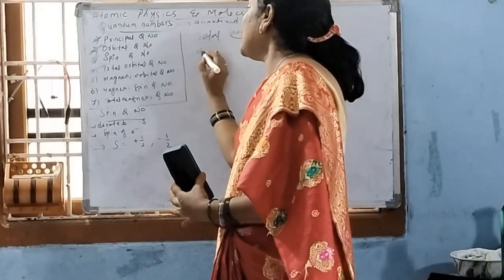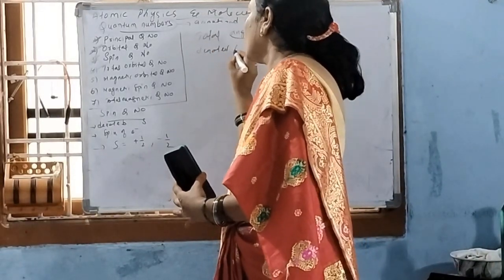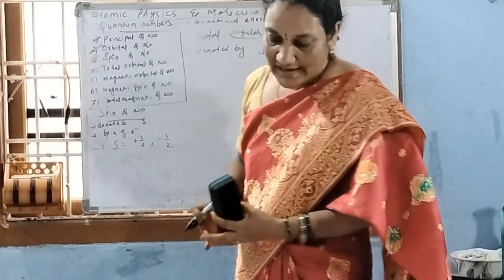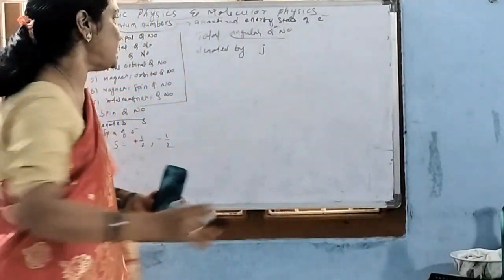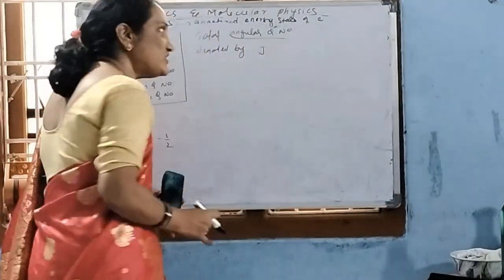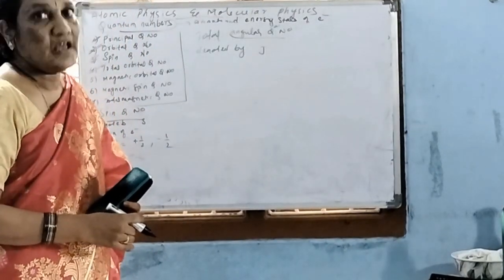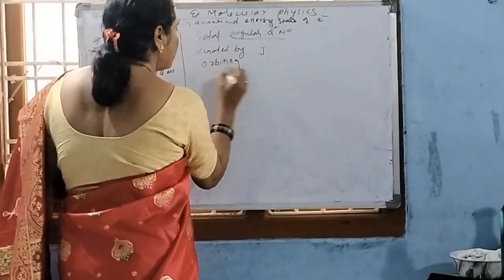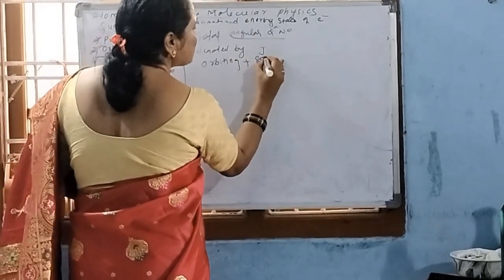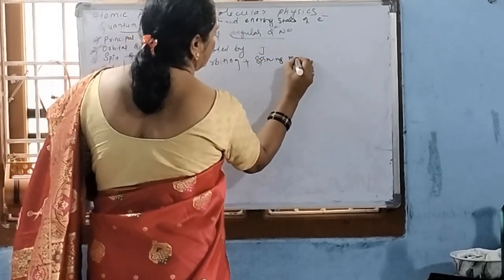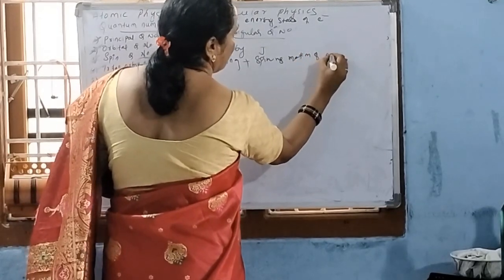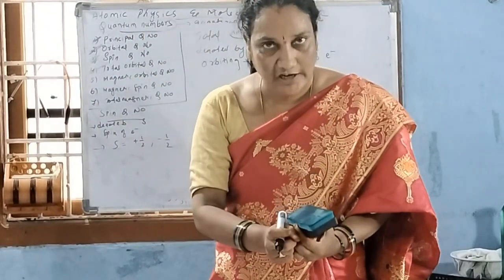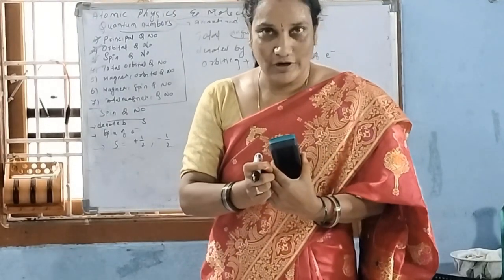It is denoted by J, capital J or small j. It explains about the orbiting motion as well as the spinning motion of the electron. It explains about the combined effect of orbiting and spinning of an electron.